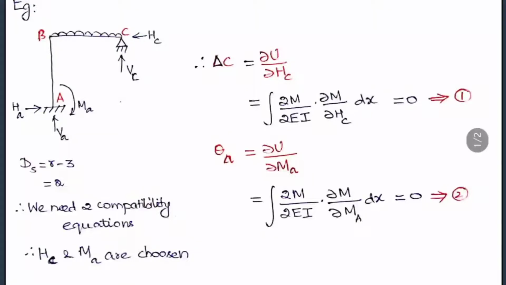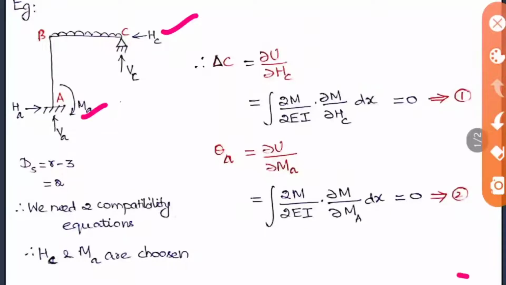But the other two need some additional equations, so we can choose any reactions. The reactions are at 2 points, so you can take one reaction from here and another from here, anything you can choose. Just for example, I have taken the horizontal reaction at C point, and MA. These two reactions I have chosen to find the compatibility equations.